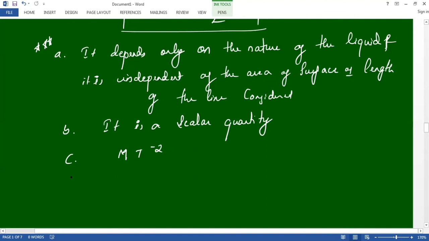Next point is the SI unit. The SI unit of surface tension is Newton per meter, whereas the CGS unit is dyne per centimeter.